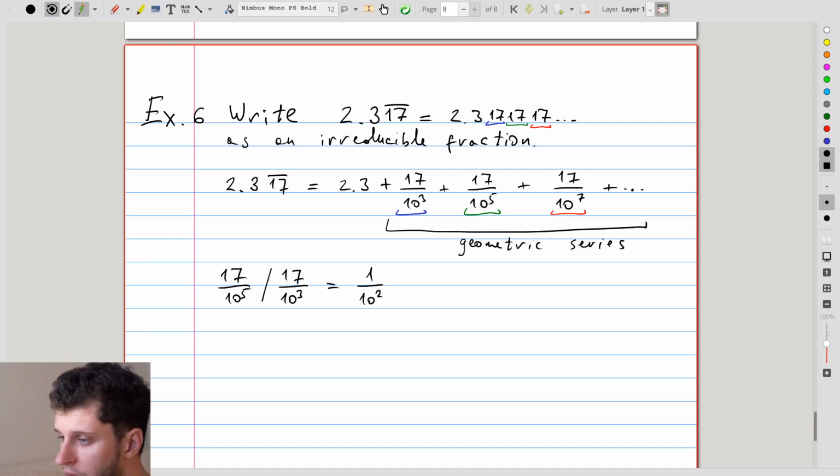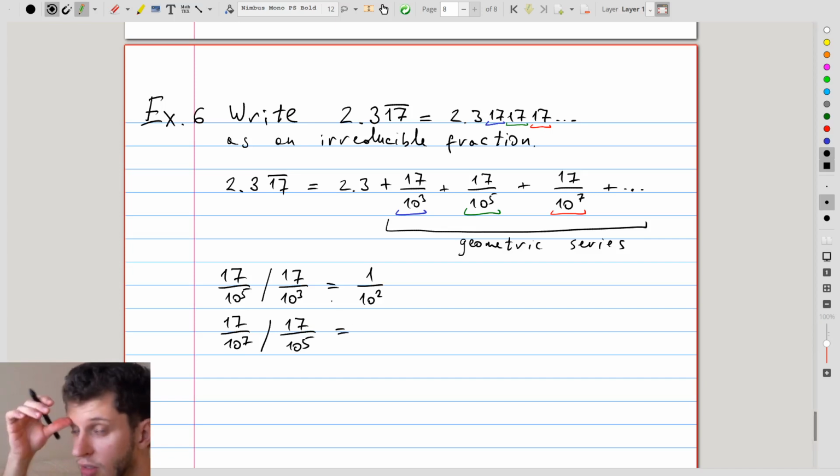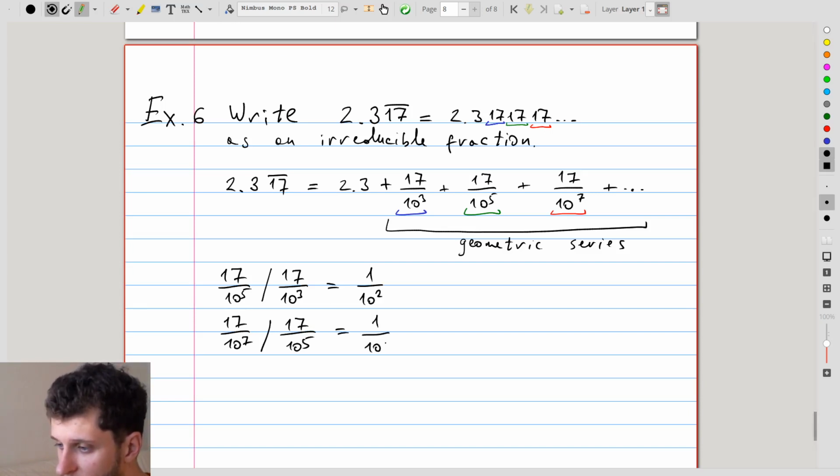And so this is the same as 17 over 10 to the seventh to 17 over 10 to the fifth. And so because this pattern will be continued in subsequent terms, I see that 1 over 100 is the r of this geometric series here.